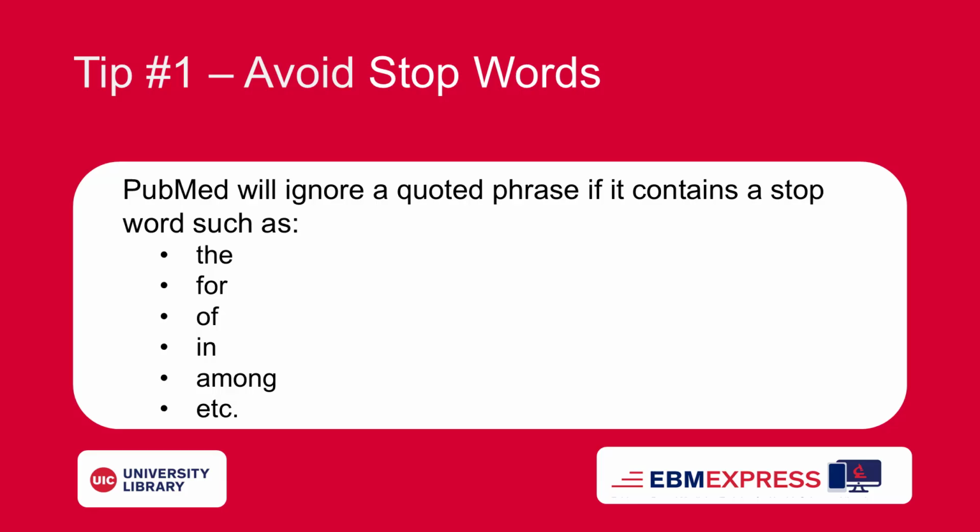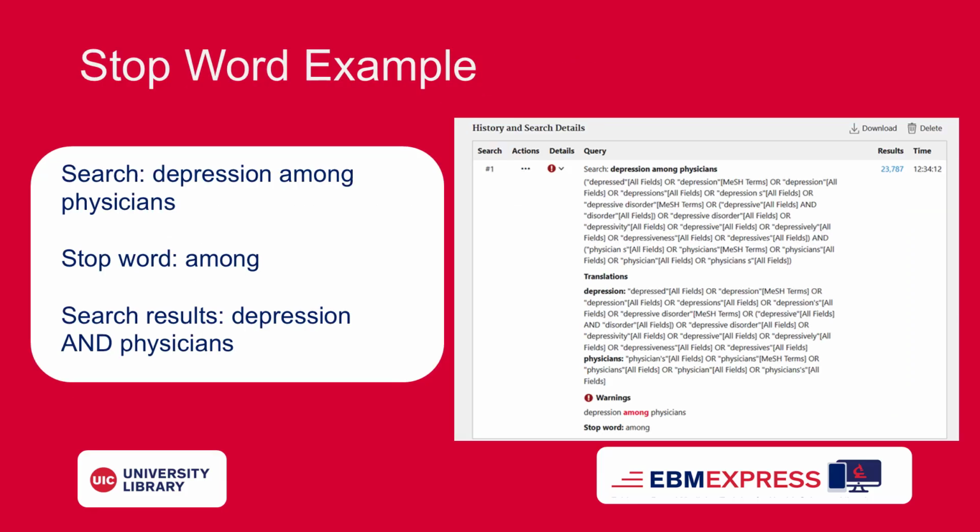If your search contains a stop word, the database will skip over it and continue with the next word. For example, in the search query, depression among physicians, the word among is a stop word. As a result, PubMed ignores it and processes the search as depression and physicians.